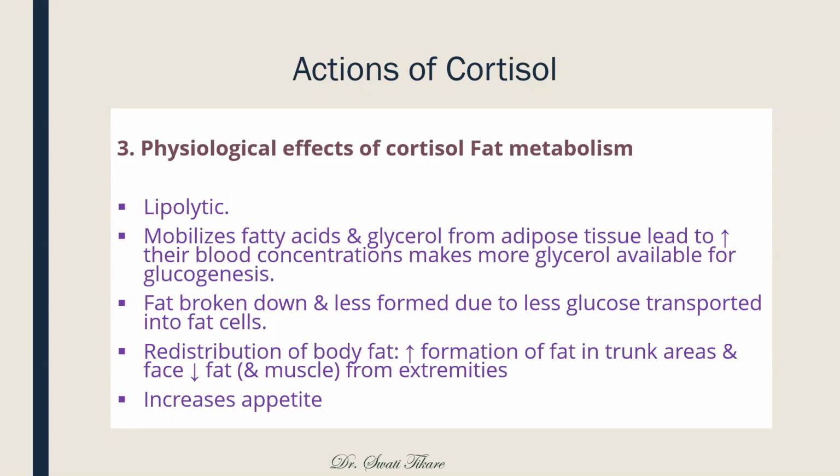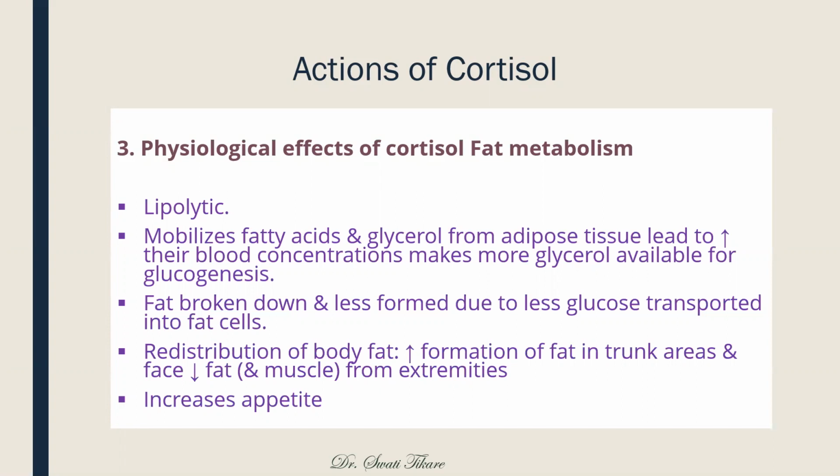This we actually don't know exactly why it happens, why there is increased formation of fat in trunk areas and face, whereas there is decreased fat in the muscles and the extremities. Okay, so there is not much fat accumulated on the thighs or on the arms, but it is more in the frontal areas.